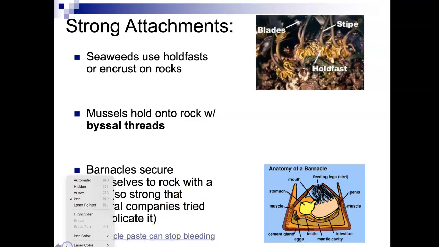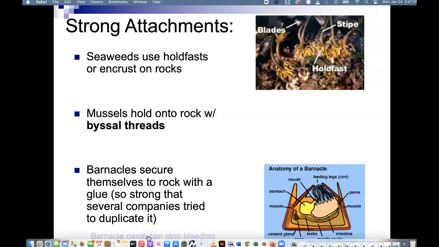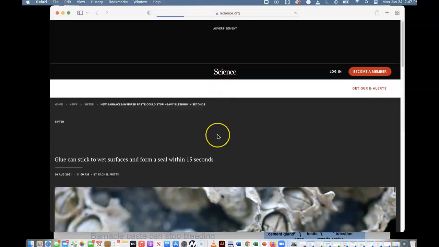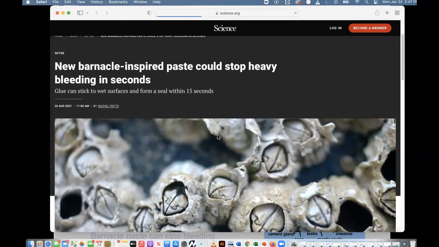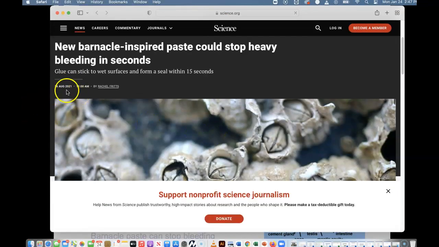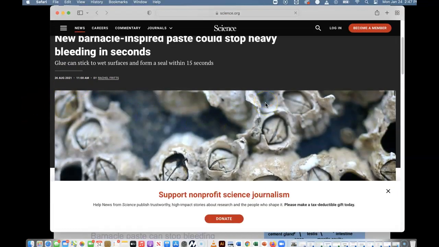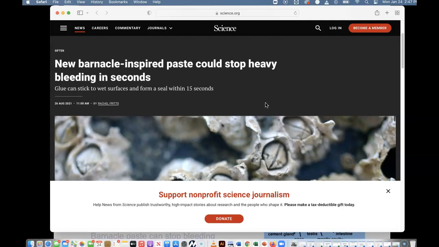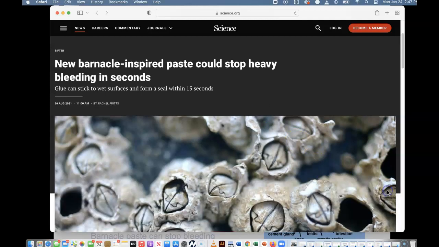I have posted this article for you. Please read it. It's really interesting. I'm going to pull it up here real briefly for you. It's a fairly new article, came out just in August 2021. They are actually currently doing research on barnacles, and they're trying to create this paste. This is what we call biomimicry, where we're trying to mimic the substance that barnacles use to glue themselves.